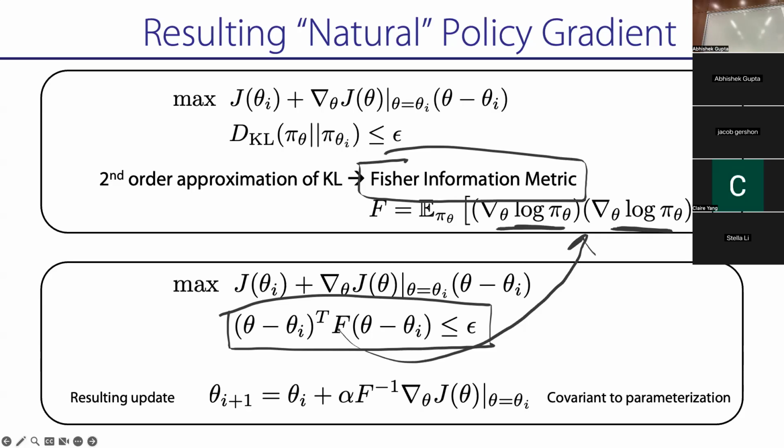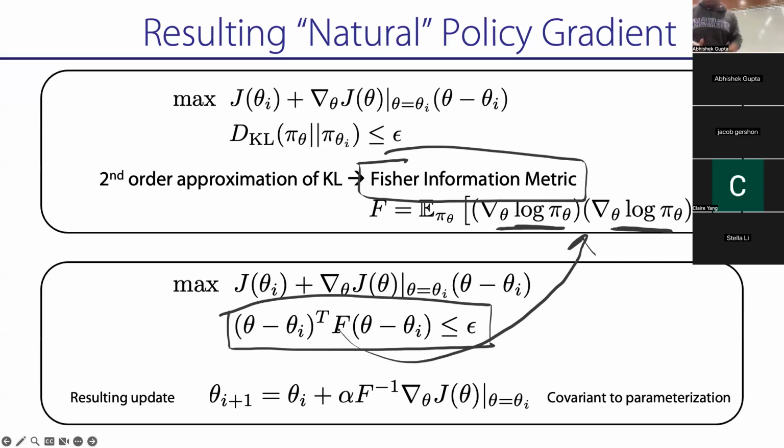But essentially what we've done is go from the Euclidean metric to a functional metric, the KL divergence. The second order Taylor approximation of the KL divergence is theta minus theta I transpose times F times theta minus theta I, where F is this Fisher information metric, the covariance matrix, or the average outer product of grad log pi times grad log pi transpose.